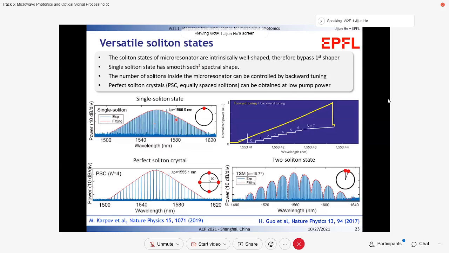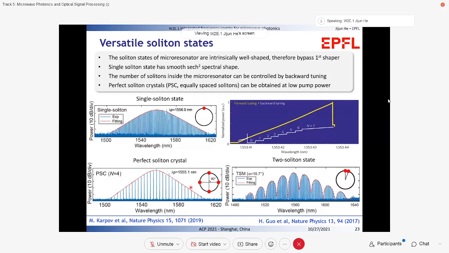In addition, the microresonator can also provide multi-solitons. It is found that the number of solitons inside the microresonator can be precisely controlled by the backward tuning method. For example, here it shows the spectrum of a two-soliton state, and the inset shows the relative soliton distribution. Here, the sech-square soliton spectrum is being modulated by the sine wave induced by the spectral interference of these two solitons.